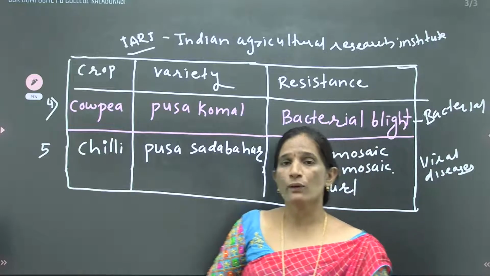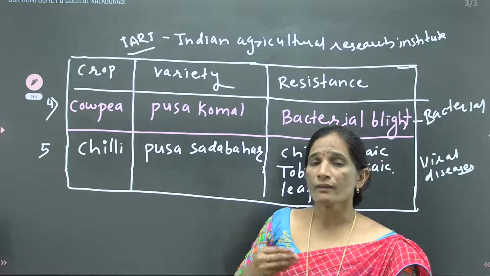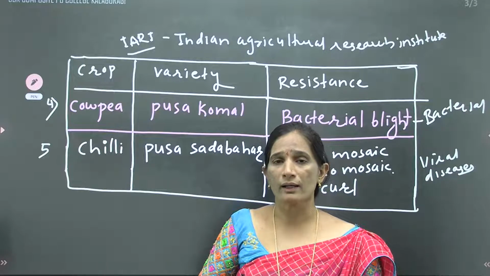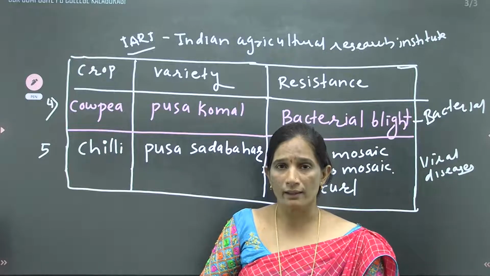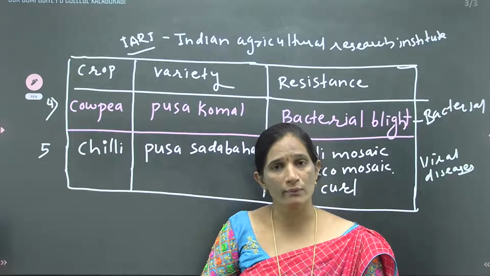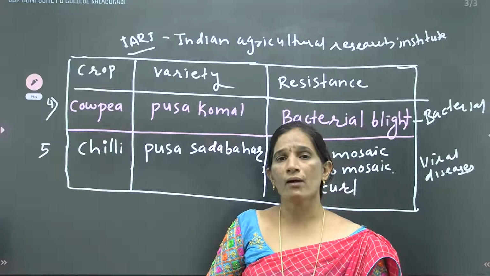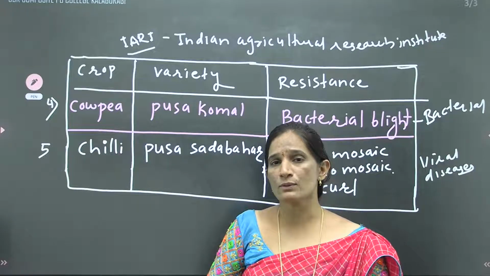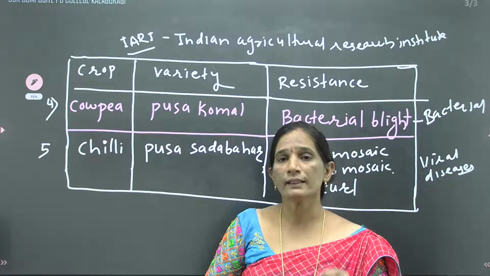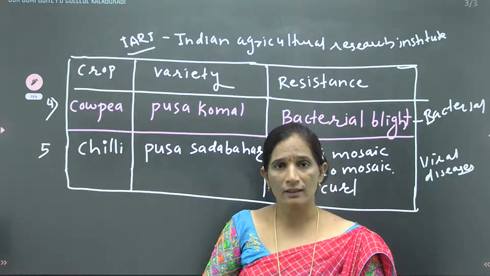Okay, so today we studied some of the varieties which are resistant to bacterial, fungal as well as viral diseases. Okay, you have to remember this, very important for NEET as well as for theory. Name the variety of wheat resistant to leaf and stripe rust, hill bunt. Which variety of wheat is resistant to this?